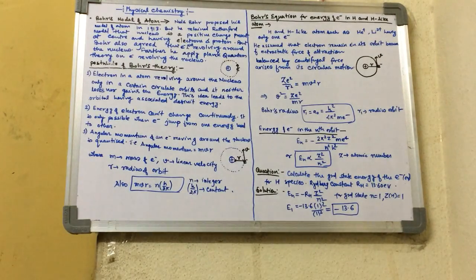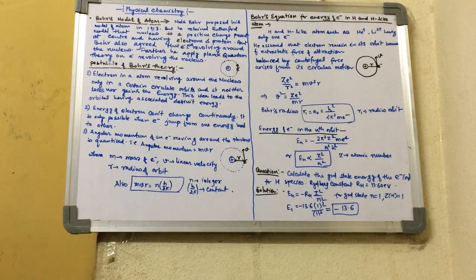So the second postulate says the energy of an electron does not change continuously, and this only happens when the electron jumps from one orbit to another. Okay, so the second postulate is also clear.